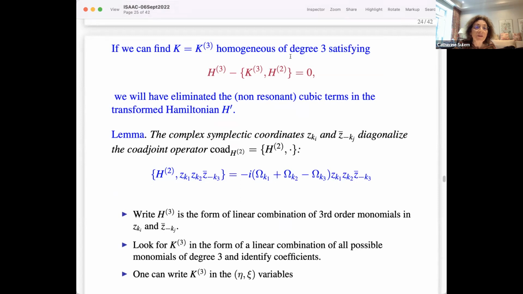And this equation can be solved. In particular, the complex symplectic coordinate that I introduced earlier allows us to solve it explicitly, because it diagonalizes this operator, the co-adjoint of H2.